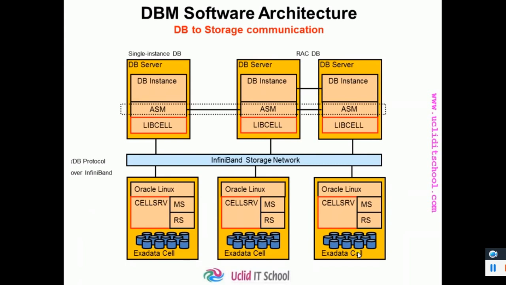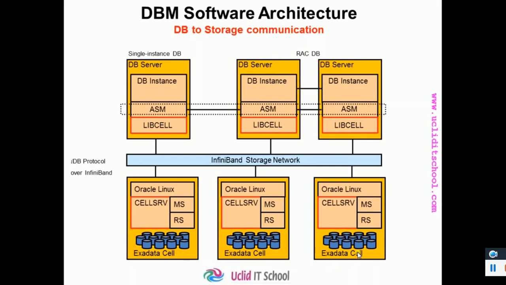Now, out of these three, cell server is the main background process or the main service. Cell server manages the storage. Anything related to storage is managed by cell server. Cell server also communicates with every database server.